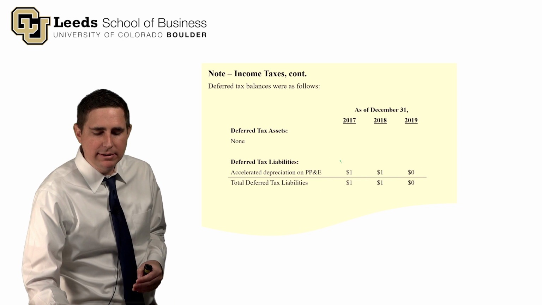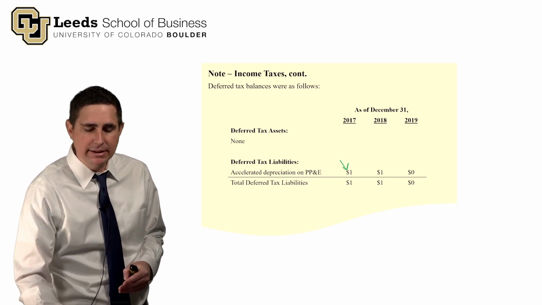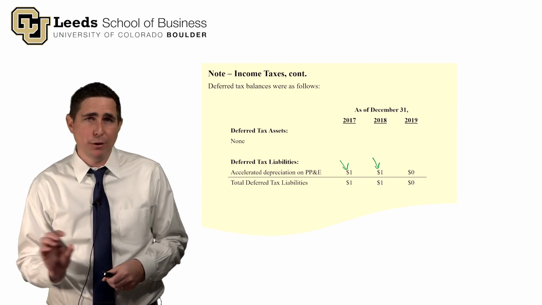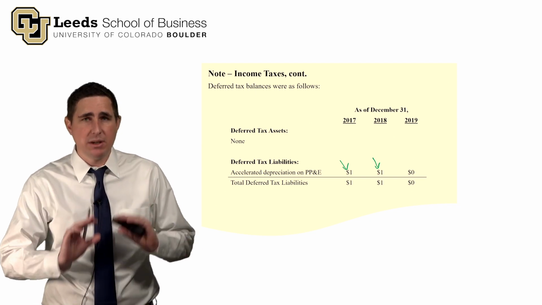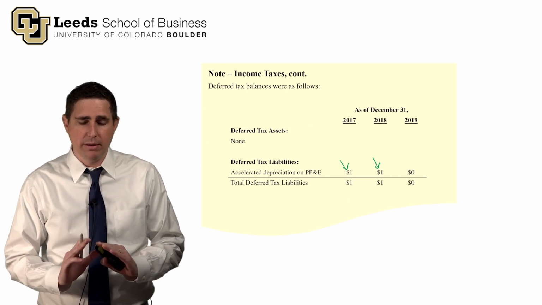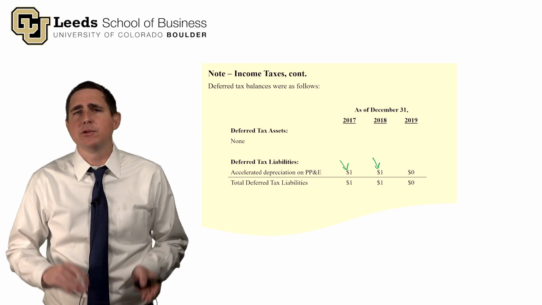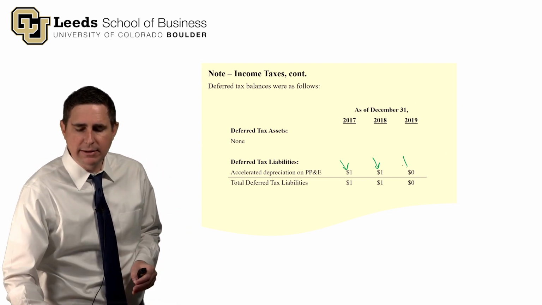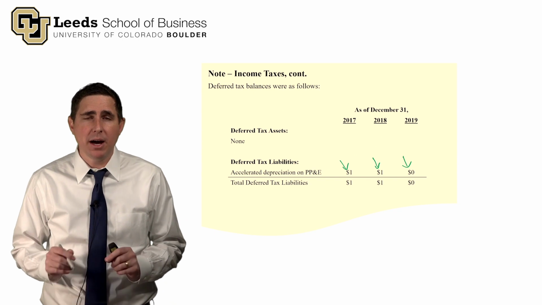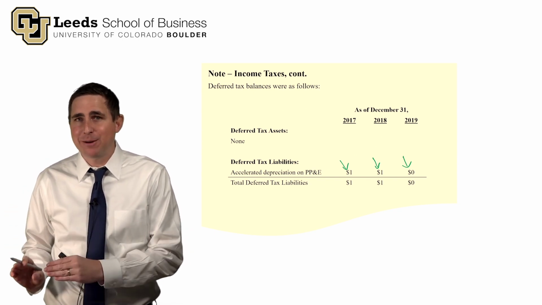So we credited the liability account, establishing it in 2017. It still existed in 2018. Remember, that was the year when tax expense was equal to taxes payable, so there was no effect on the DTL. And so the balance was still there at the end of 2018, but the balance reversed itself out in 2019 and went down to 0 because, remember, in 2019 we paid $9 in income taxes.